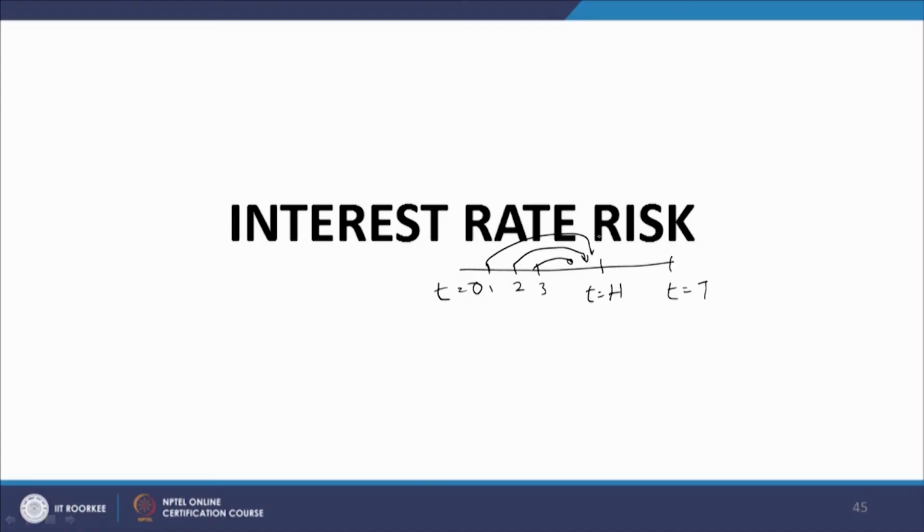Now, so far so good. Suppose at a certain point in time, very soon after I make the investment, the interest rates change. Let us say the interest rates increase. If the interest rates increase, what will happen?